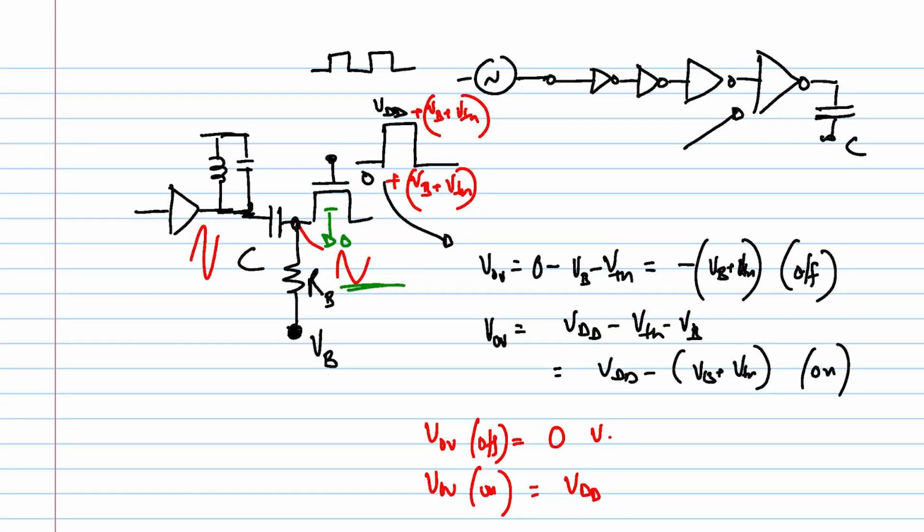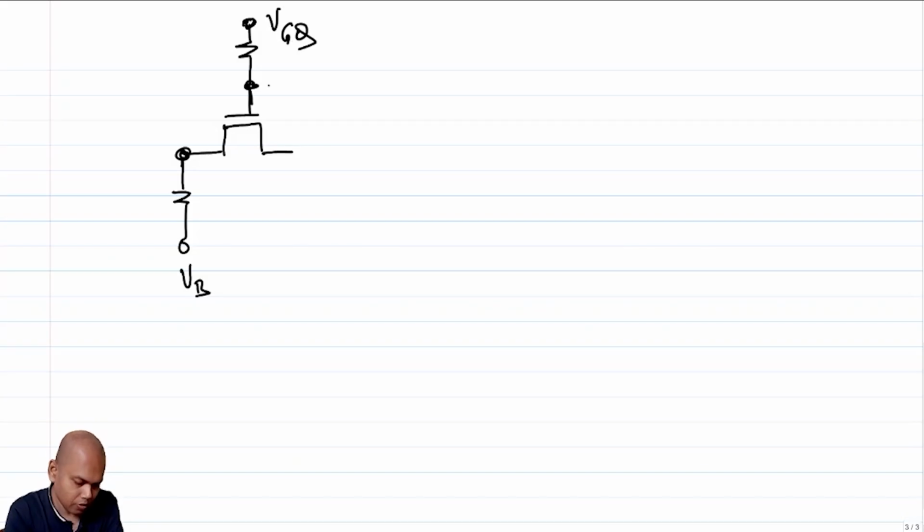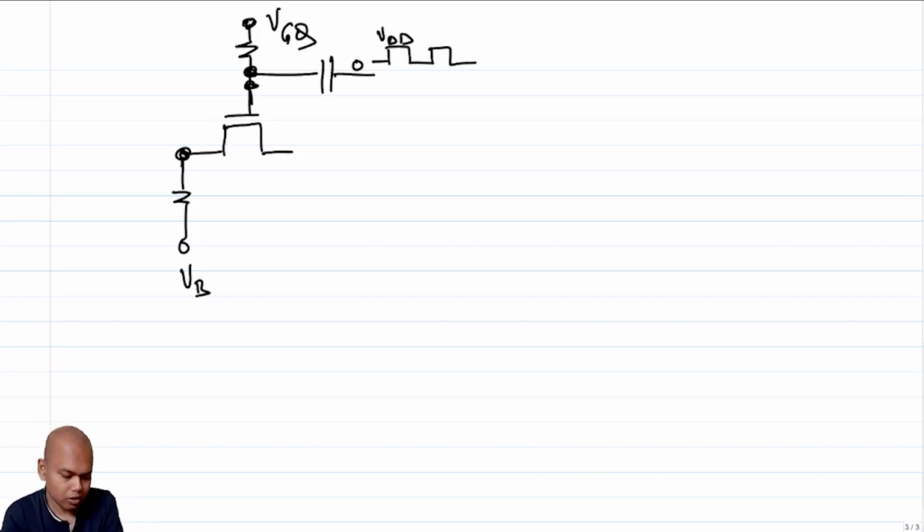So, but how do we go about achieving that? Here note that we have done this VB. So all we have to do is to again bias it with a VGQ and then feed the 0 to VDD clock through the capacitor, right?